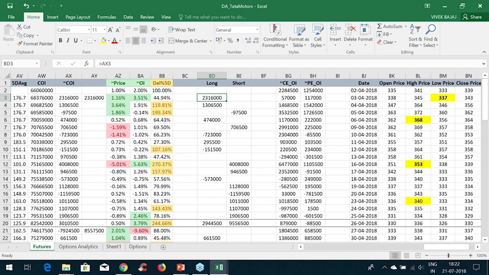So when there is increase in open interest in futures, correspondingly increase in the price, there should be very likely increase in open interest of put option as well.